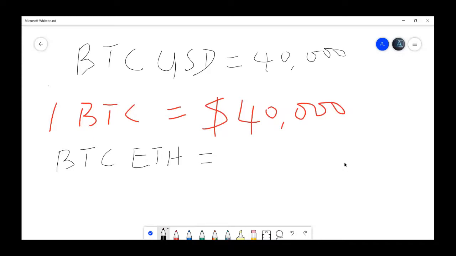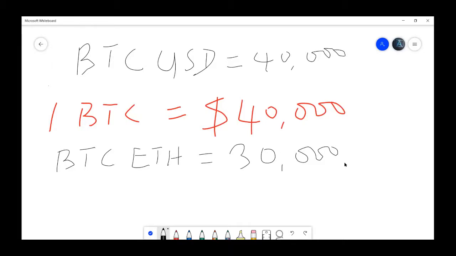If you see BTC Ethereum equals, let me say, 30,000, let me check BTC Ethereum.